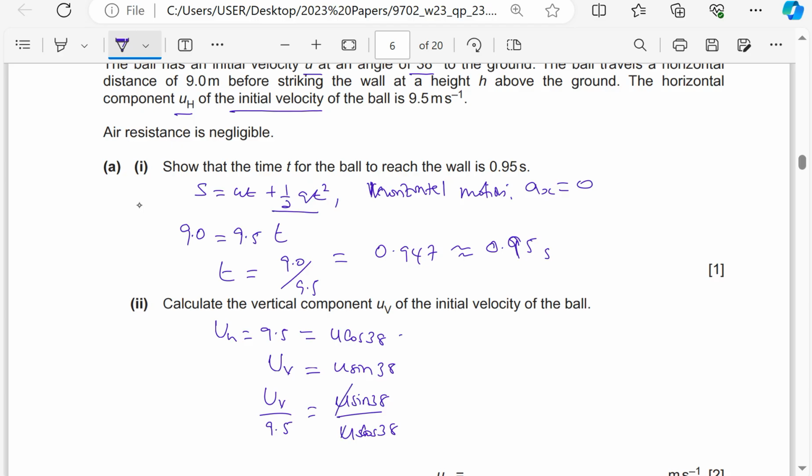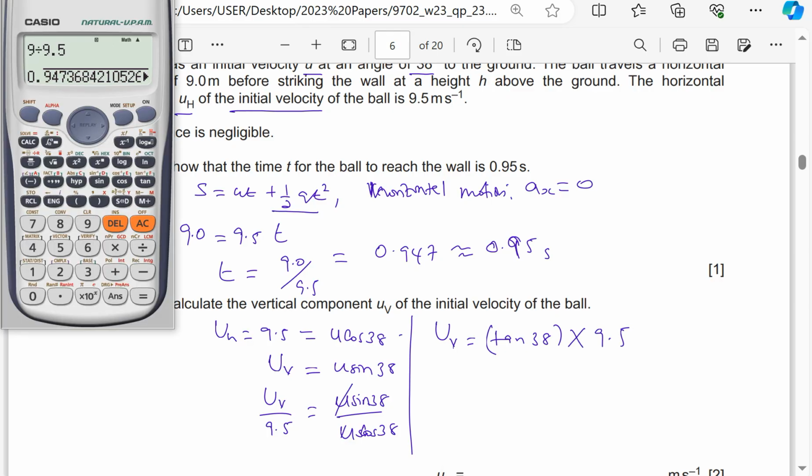So U cancels. So U, the vertical, is going to be tan of 38 multiplied by 9.5. So I have 9.5 tan of 38, which is 7.42. So this is 7.42.